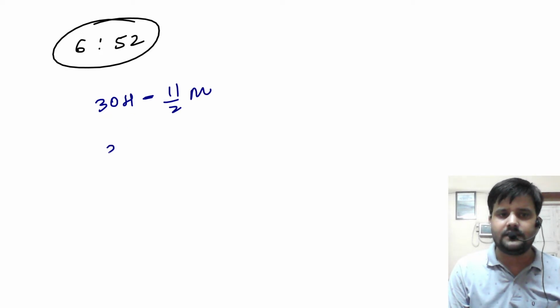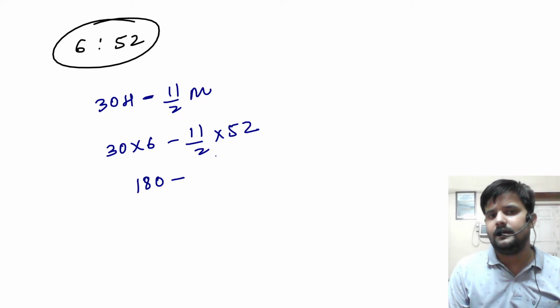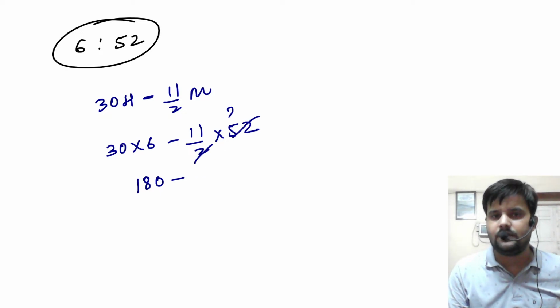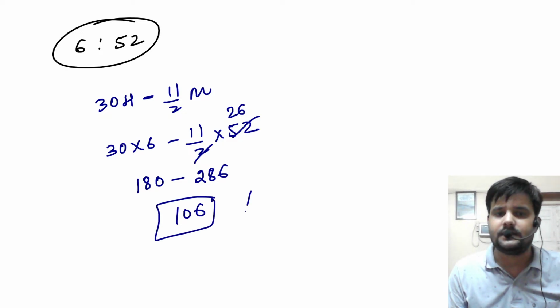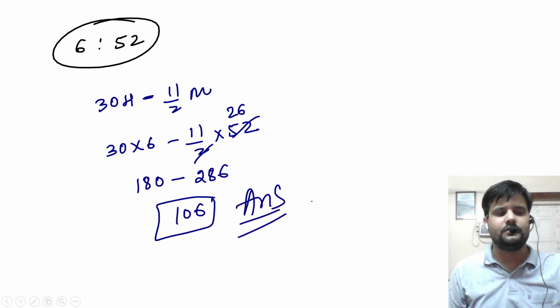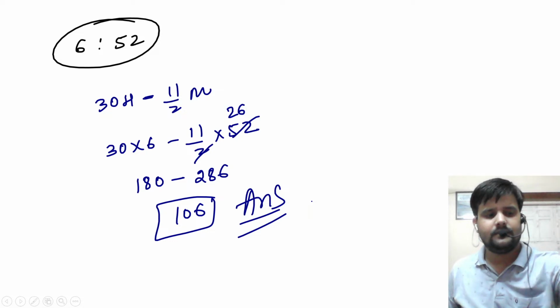So in place of h, 30 into 6 minus 11 by 2 into 52. So it is 180 minus, and if you cut it, it is 26 times 11. So it will be giving you 286. So if you subtract these, it will be giving you 106. So your answer for this question will be 106. Getting my point? I hope you got my point.